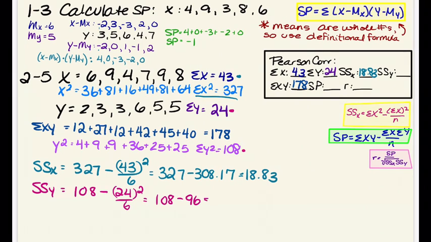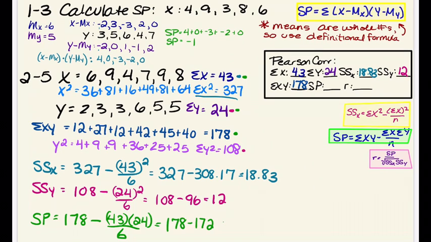Next, we'll calculate the sum of products of deviations by taking the sum of the product of x and y and subtracting the sum of x times the sum of y divided by n. N in this case is not the total number of x and y scores, it's the total number of pairs of scores. And in this case, we come to a value of 6.